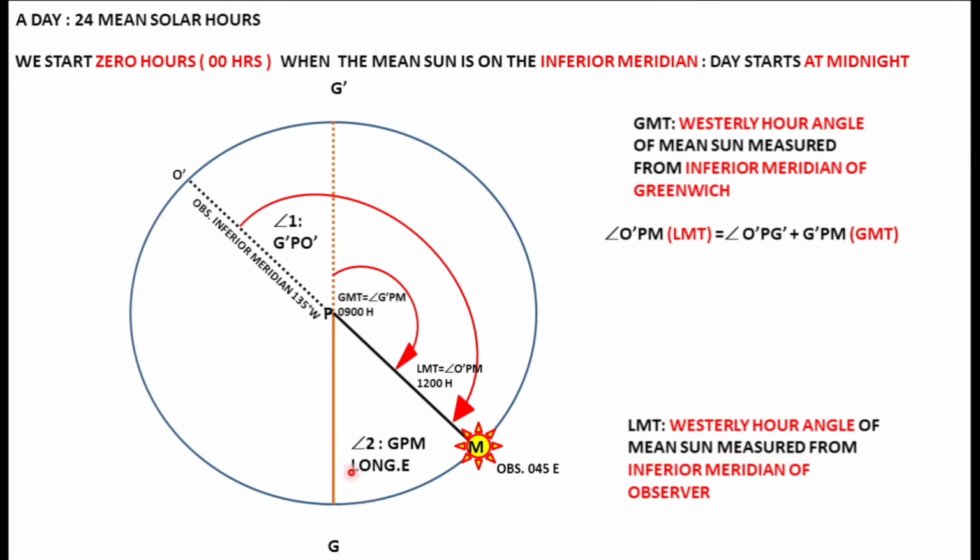Now O dash P G dash is equal to this angle here, because this angle we said is 135, the remaining is 45, so this angle and this angle is same. So LMT becomes GMT plus longitude east.